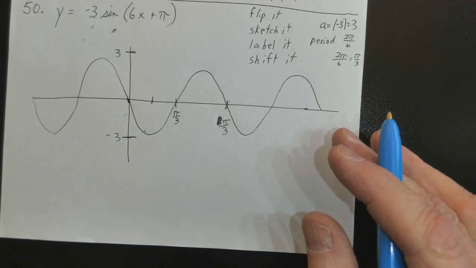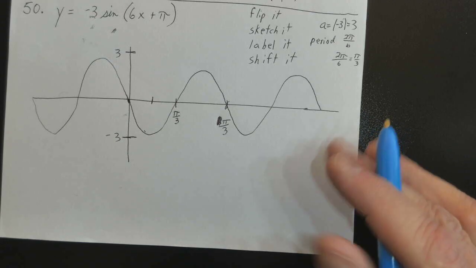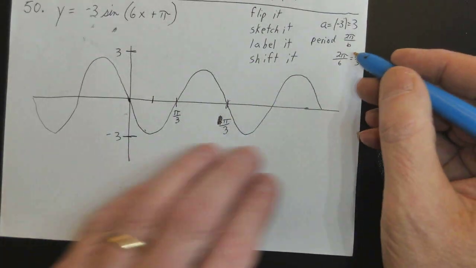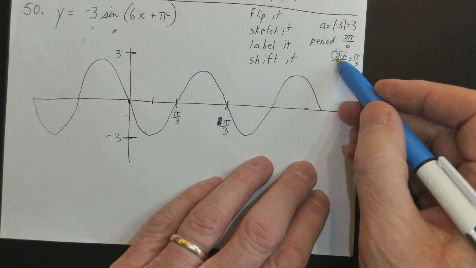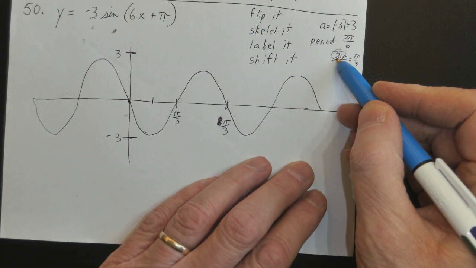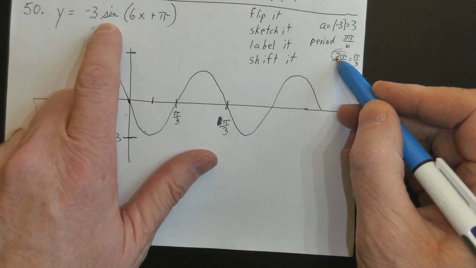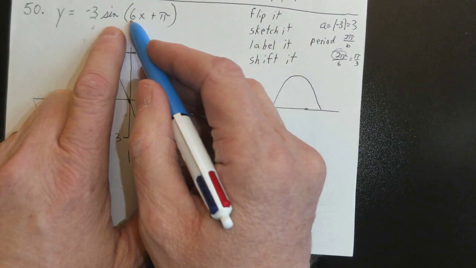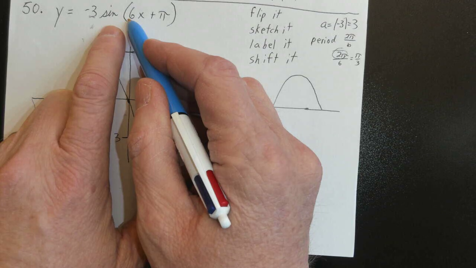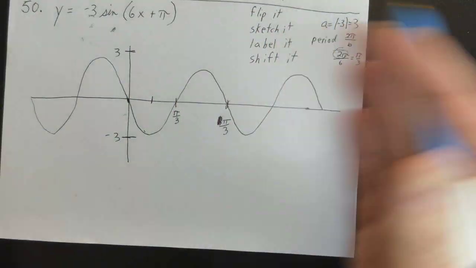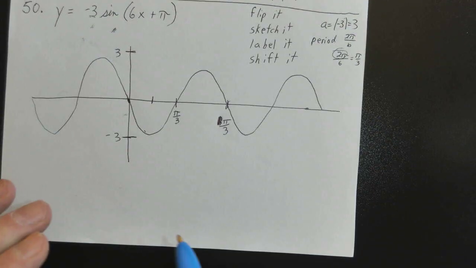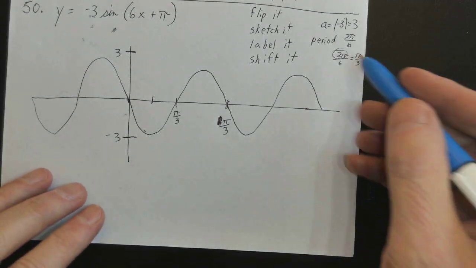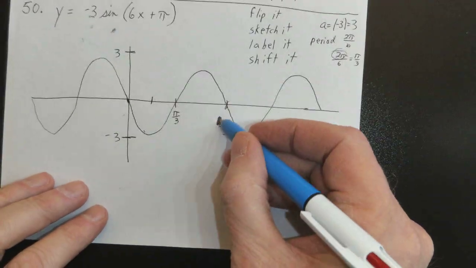I got to correct this right now, Claire. Why is it over 3 though? Okay. A regular period for sine is 2 pi, right? You put that over this coefficient, b. This is the b value to get the transformed period. Okay? All right. So that's pi over 3.